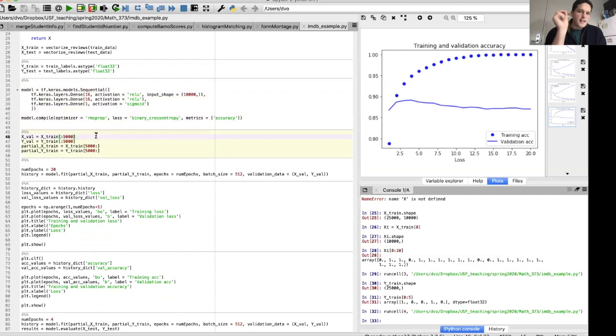Okay. Now, in order to guard against overfitting, we have to take our training data and break it up into two pieces. One of them is going to be the collection of data that we use to actually train our neural network. And then there has to be a separate data set, which is called the validation data set.